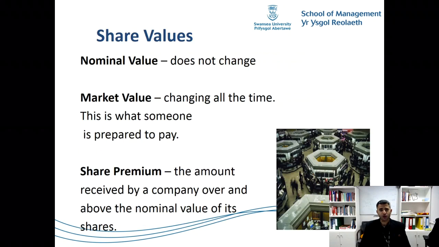So now when it comes to stock market and the stock, remember that each company has a share, and there are three share values. The first one is the nominal value, and the nominal value doesn't change, it's fixed. Market value is usually the price of the share, how much is in the market right now, is changeable all the time.